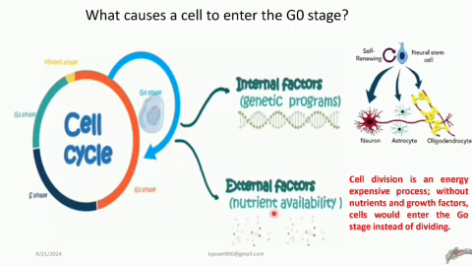Then secondly, there are some cells that after maturation totally go into this stage and lack the ability to continue dividing. Examples of these cells include the nerve cells, specifically the neurons. Those neurons do not have the capacity to divide.